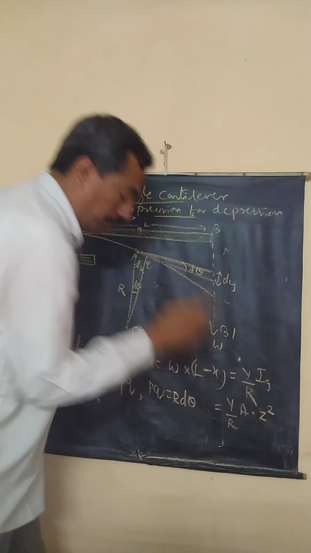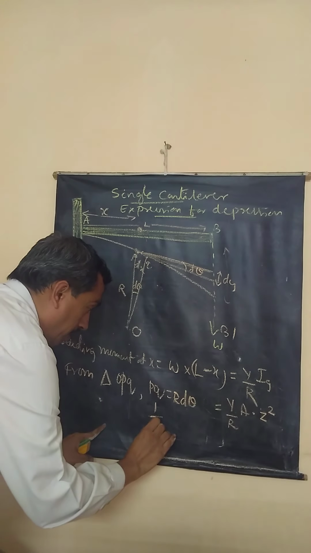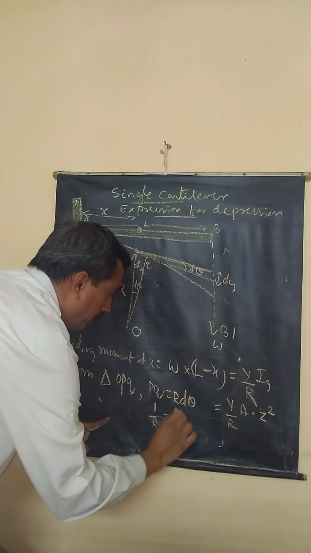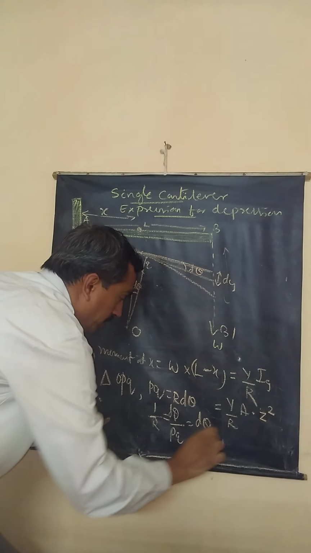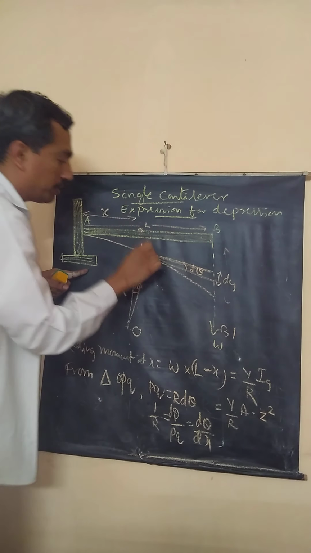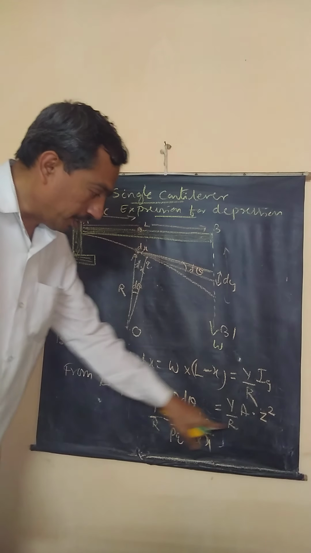To substitute for 1 by R, 1 by R is equal to d theta by PQ, that is d theta by dx. The distance between P and Q, let it be dx, very very small. So now I substitute 1 by R here.